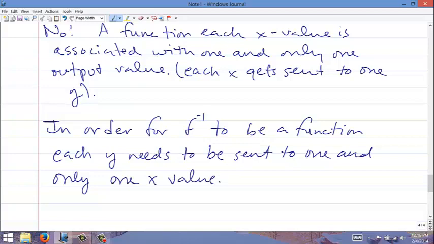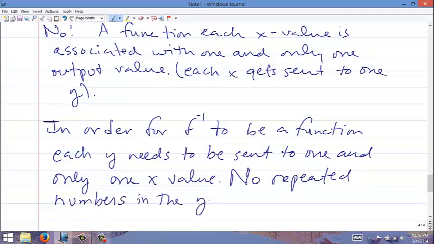So in other words, if you look at your y column, you can't have like 3 a bunch of times. Every value in the y column has to be distinct. There can be no repeated numbers in the y column. On a table, for example.